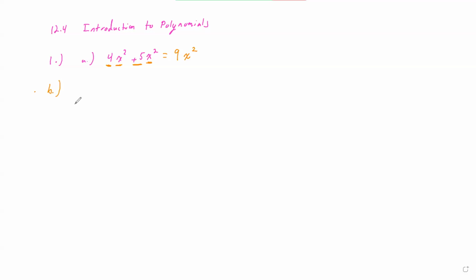All right, so let's look at another one. Oh, and then we have to name these guys. So if you have one term, it is called a monomial. Is the 9x squared. This is called a binomial because it has 2 terms.